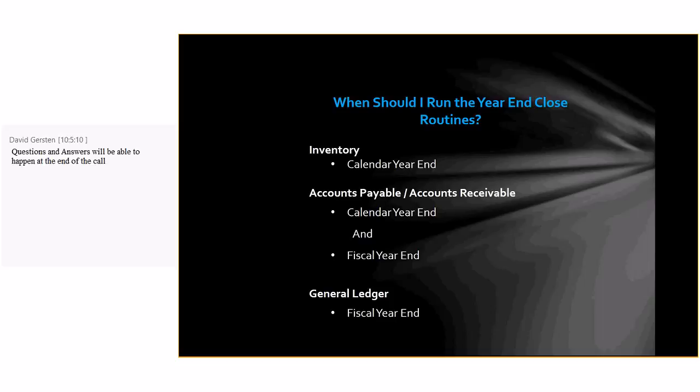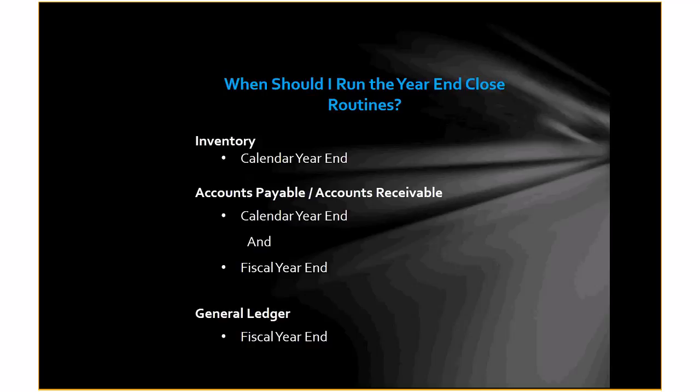So the next question that usually comes up is, when should I run the year-end close routines? For inventory, we usually recommend that you run that process at calendar year-end. For accounts payable and accounts receivable, we recommend both calendar year-end and fiscal year-end. For most companies, if you're on a calendar year, those 2 dates will coincide and you'll need to do this process once.